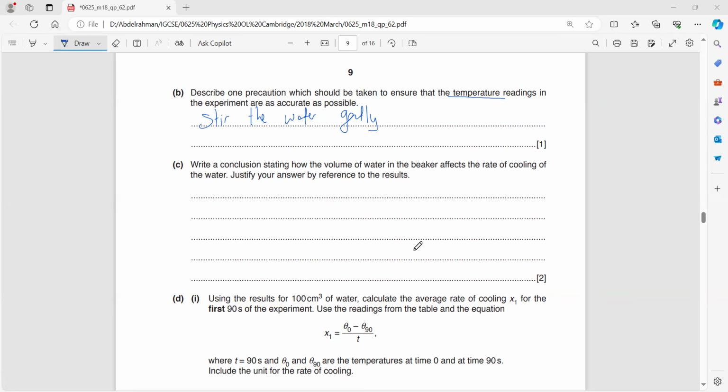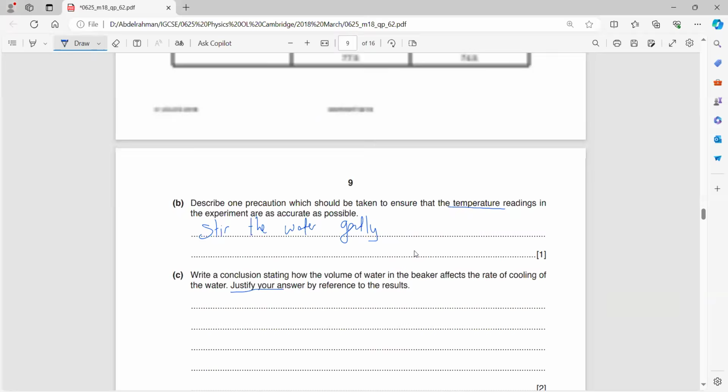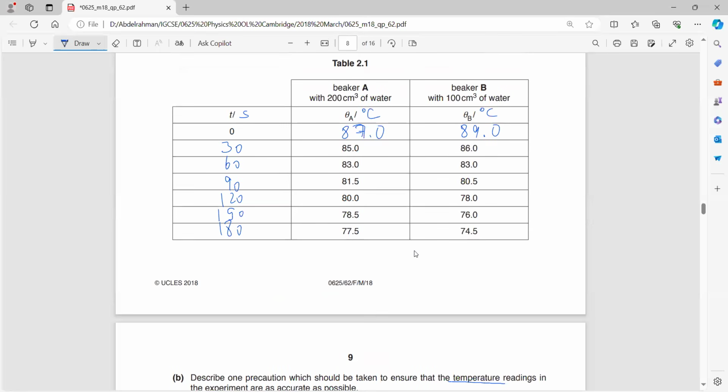Write a conclusion stating how the volume of water in the beaker affects the rate of cooling of the water. Justify. You have to write down numbers from the table. You have to reference the results.